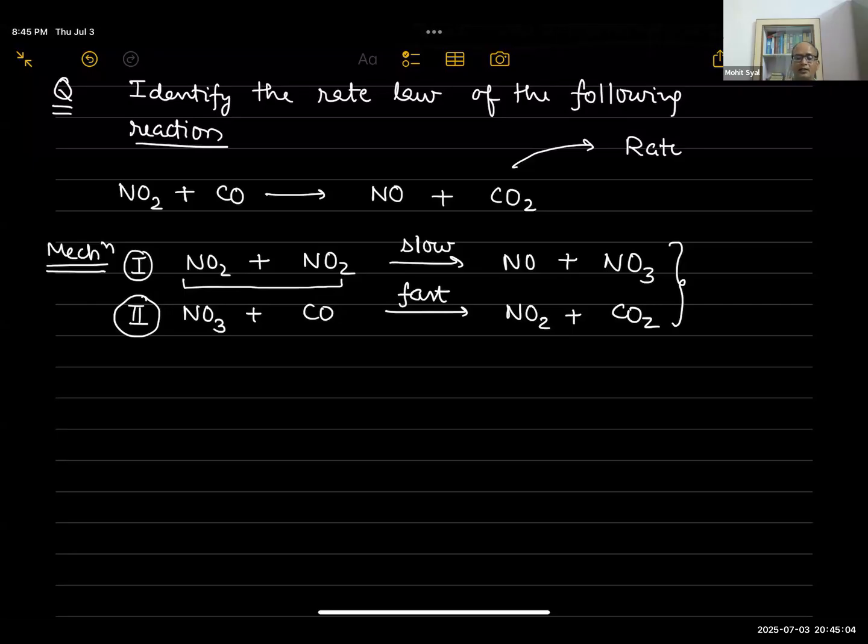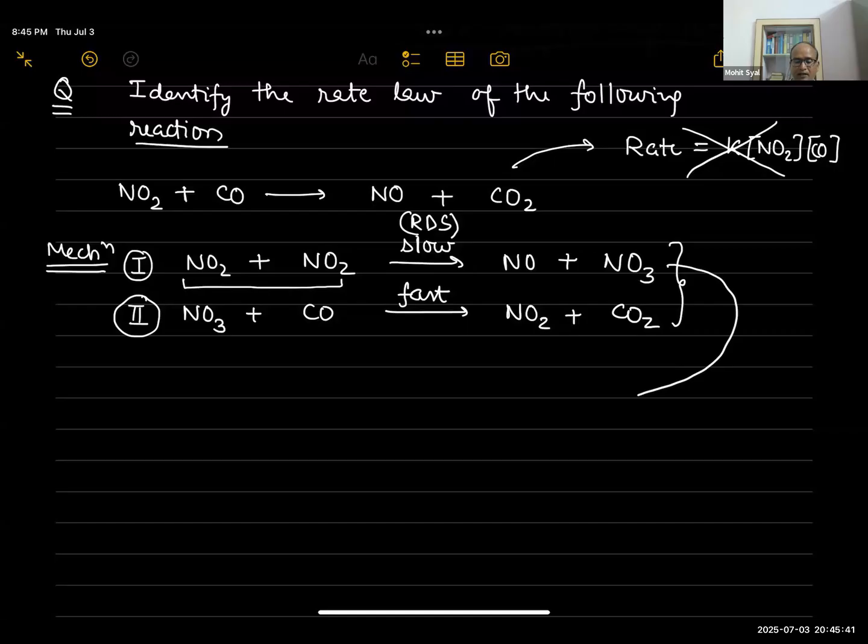Okay, Justine, no problem. Yeah, exactly. Because it is a complex reaction, you can't write it directly, as I told you just now. You need to know this mechanism and this RDS, then you can write it.